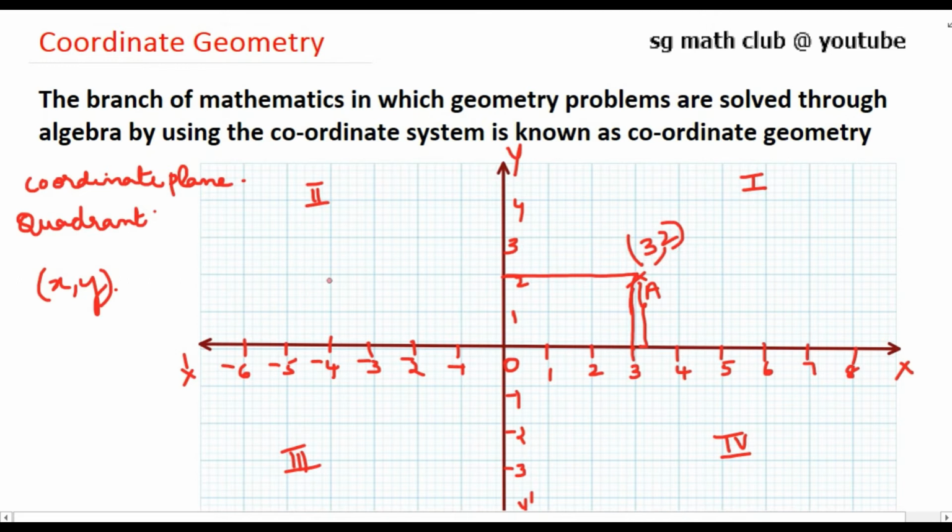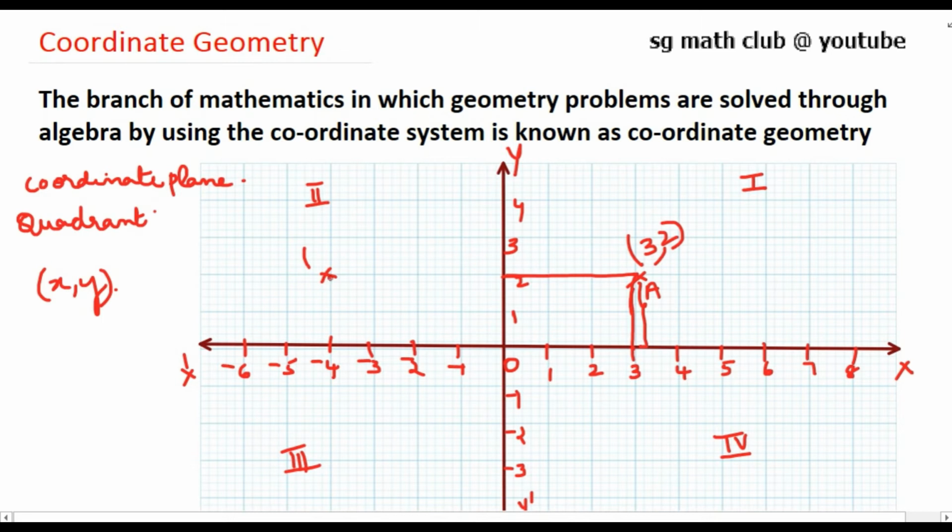In the same way, to name this point, the distance of a point from the y-axis will be your x coordinate, and the distance of a point from the x-axis will be your y coordinate.